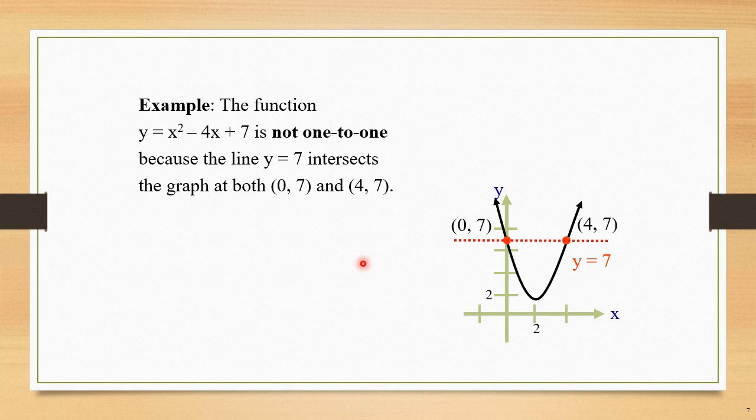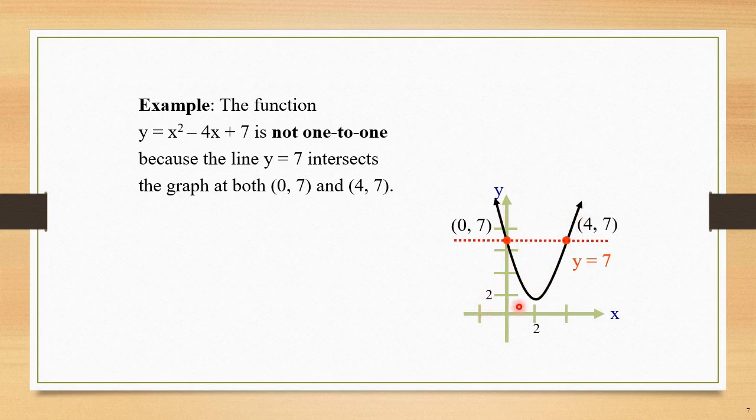The function y is equal to x squared minus 4x plus 7 is not one-to-one because the line y is equal to 7 intersects the graph at both 0, 7 and 4, 7. So this is the graph of y is equal to x squared minus 4x plus 7.